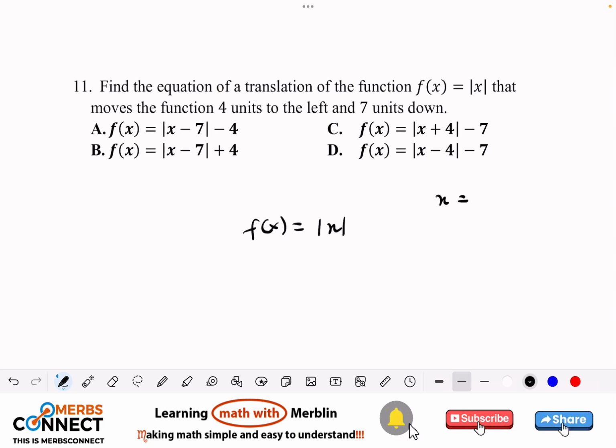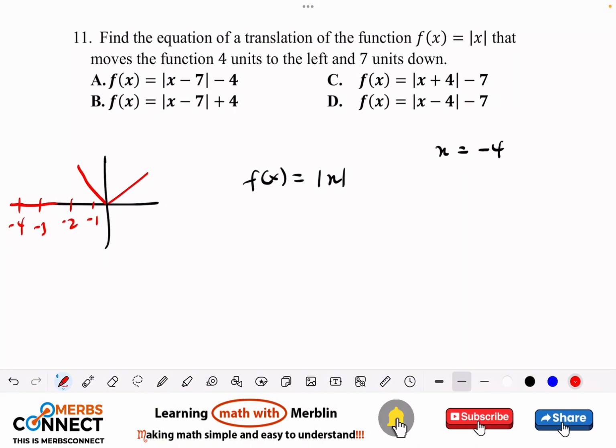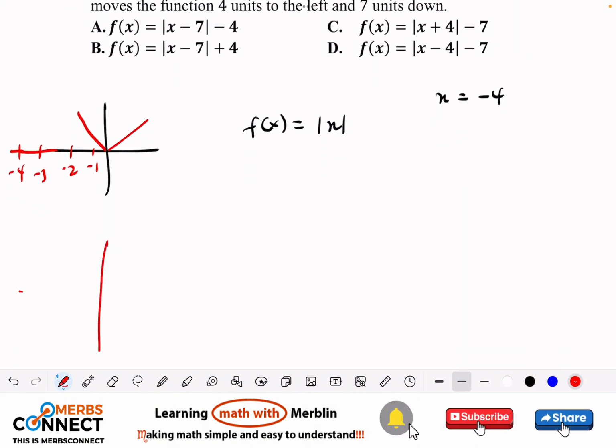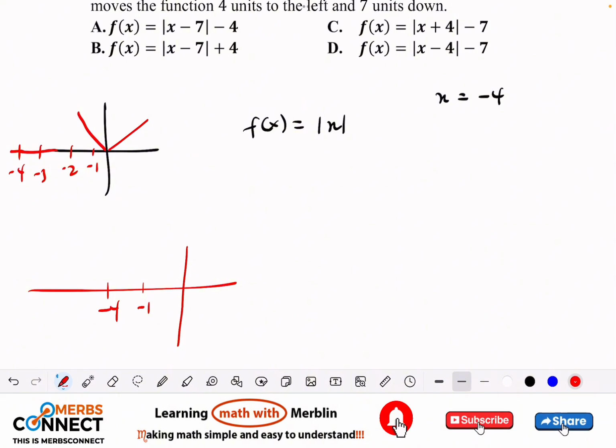x is equal to -4, because if I have this graph here is like this. So if I move 4 units to the left, then I have -1, -2, -3, -4. So you will see how I'm going to translate this graph here. So this graph is moving to the left 4 units from the left. 2, -3, -4.